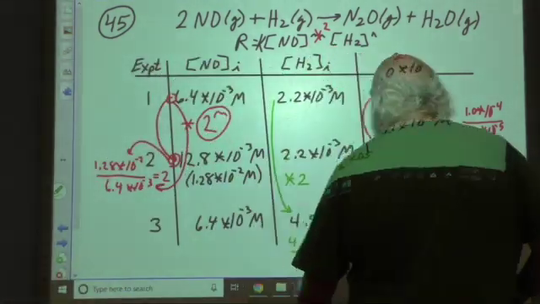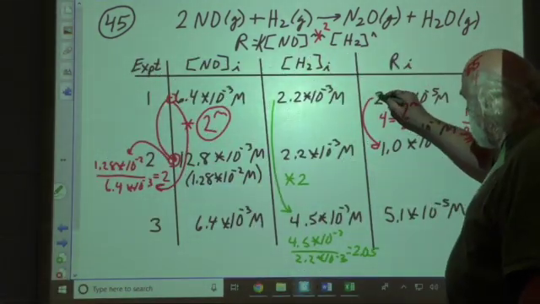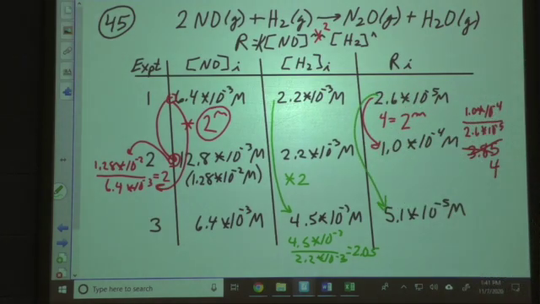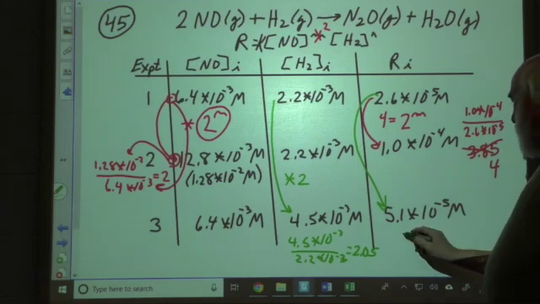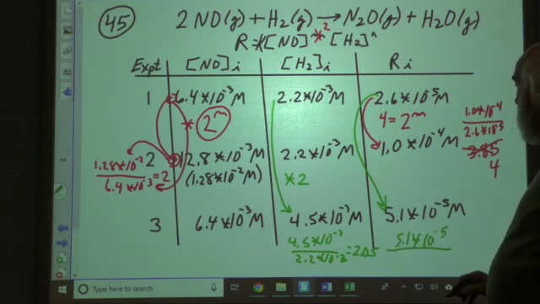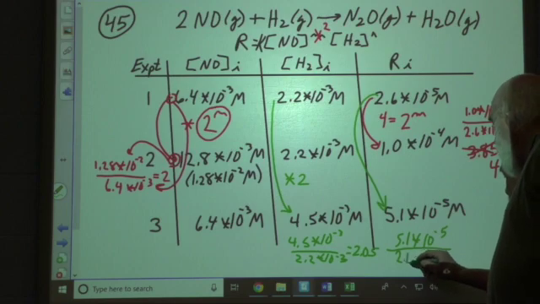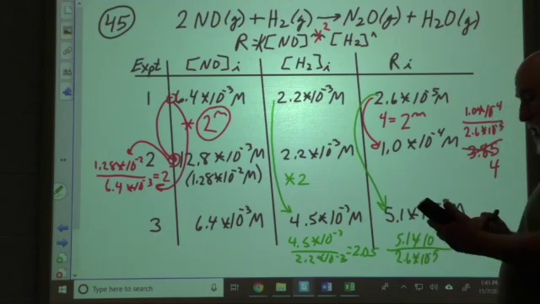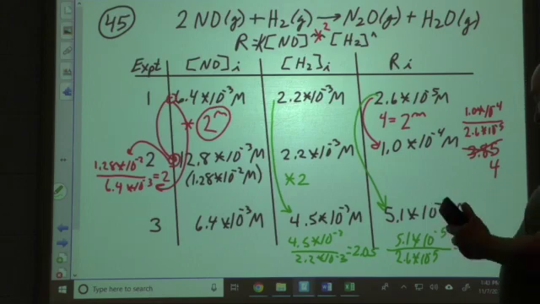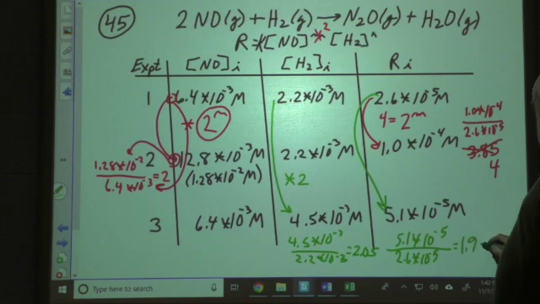Come over here, and now we're looking at first and third. So we're going to go from here to here. Okay? So that's going to be 5.1 times 10 to the negative 5th over 2.6 times 10 to the negative 5th. Divide that out. And again, 1.96.